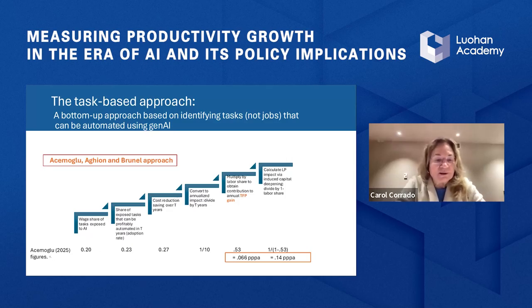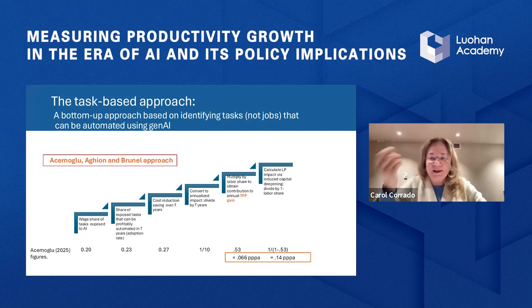I've detailed Acemoglu's 2025 assumptions at the bottom, where he says that the impact on labor productivity is 0.14 percentage points per year. Aghion and Bunel, just by using different assumptions in the first three stages, for instance, instead of 20% of the wage bill being exposed to AI, they say 60%.